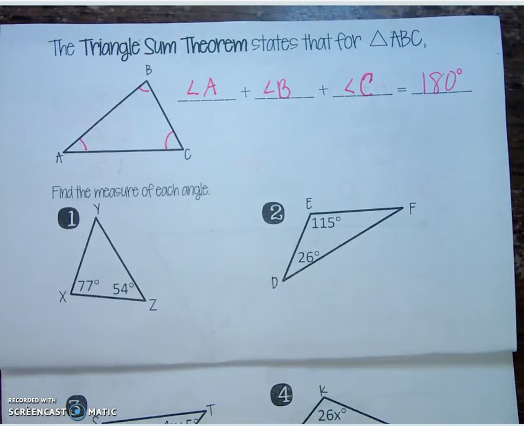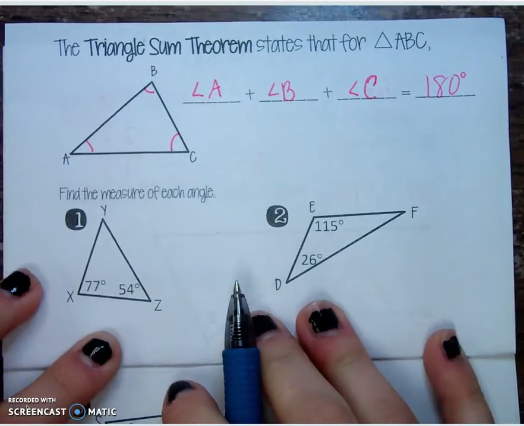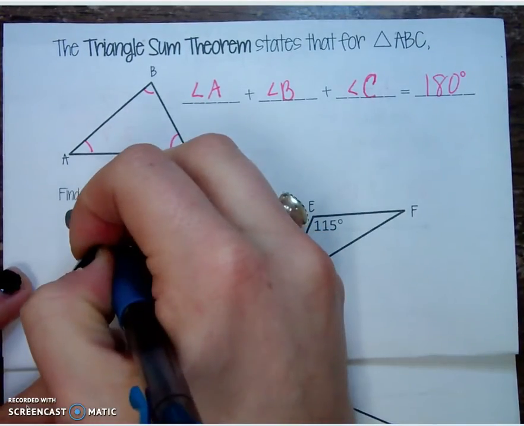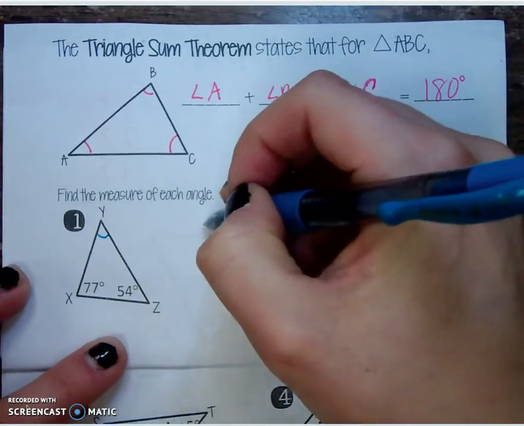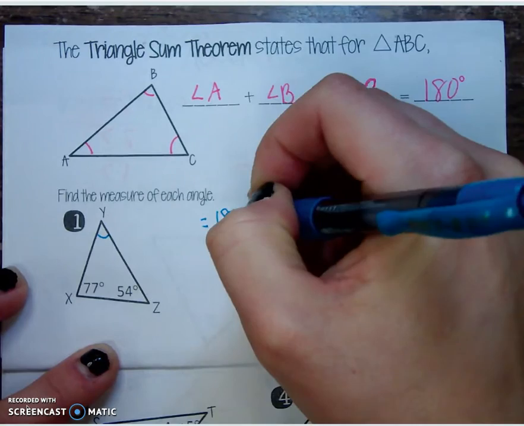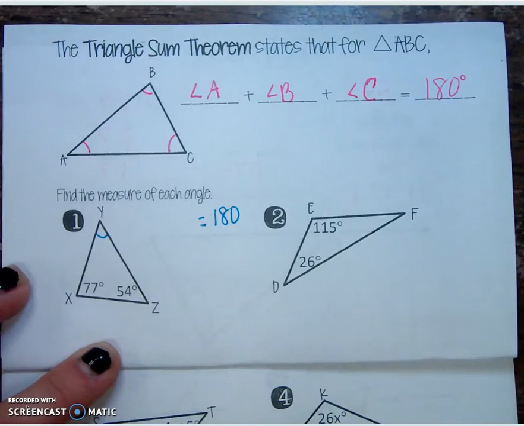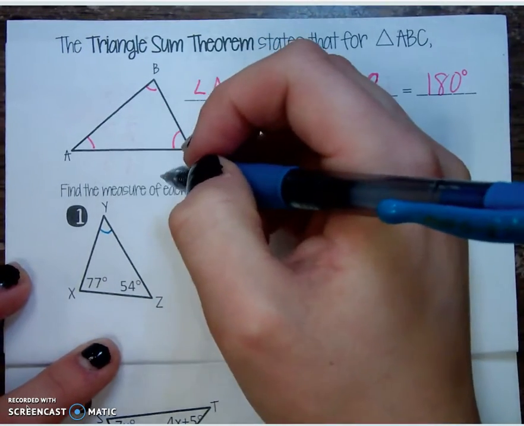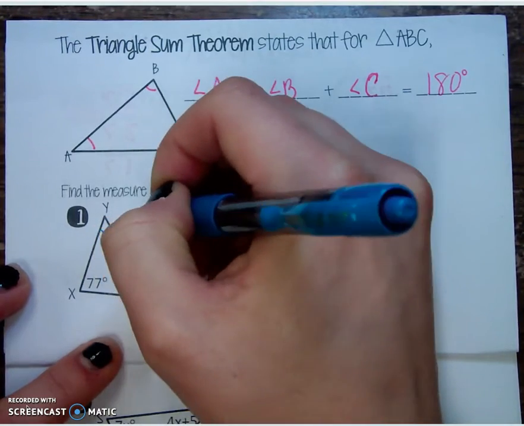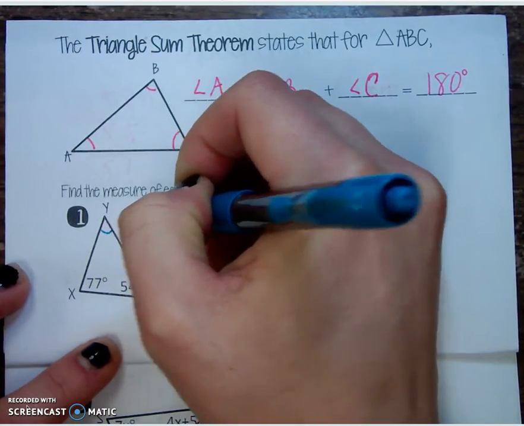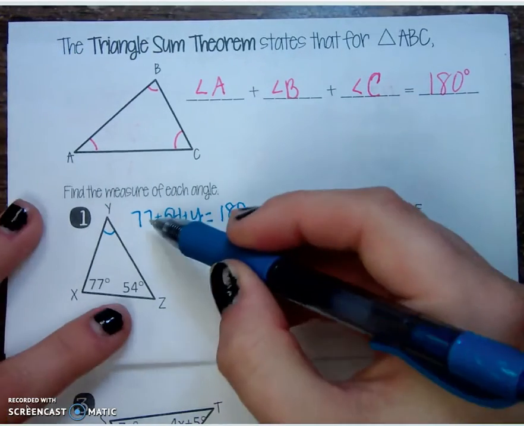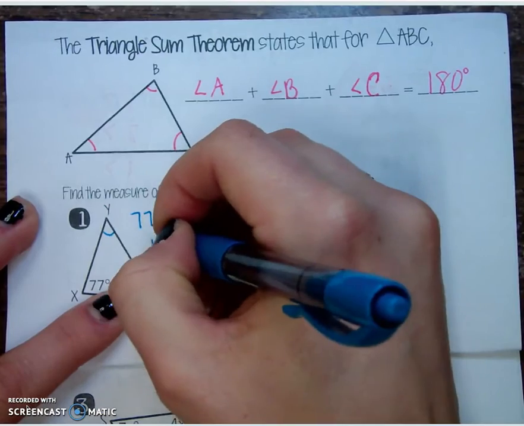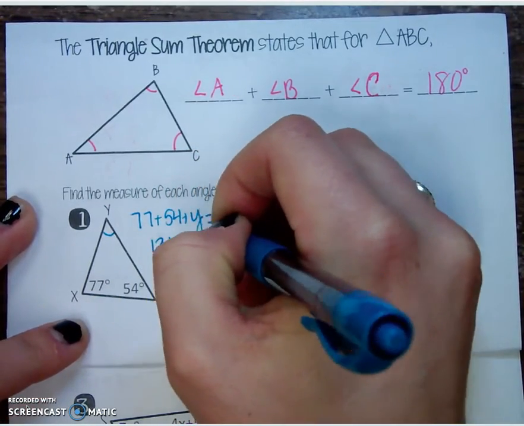All right, so then finding the measure of each angle, I'm missing angle Y. Well, I know that X, Y, and Z together will equal 180 degrees, and I need to solve for Y. So I know that 77 plus 54 plus Y will equal 180. 77 and 54 is 131, plus Y will equal 180.